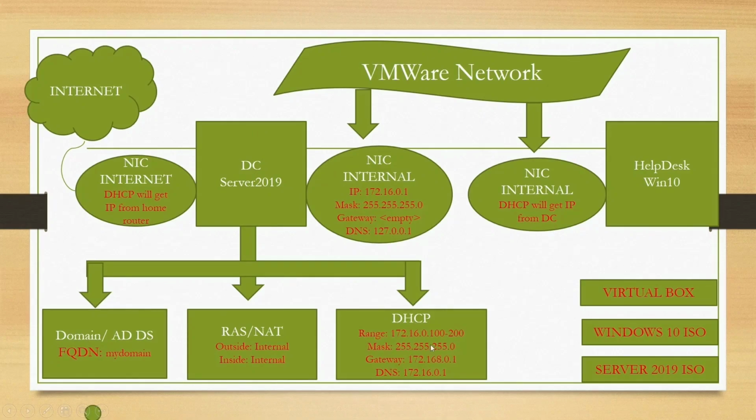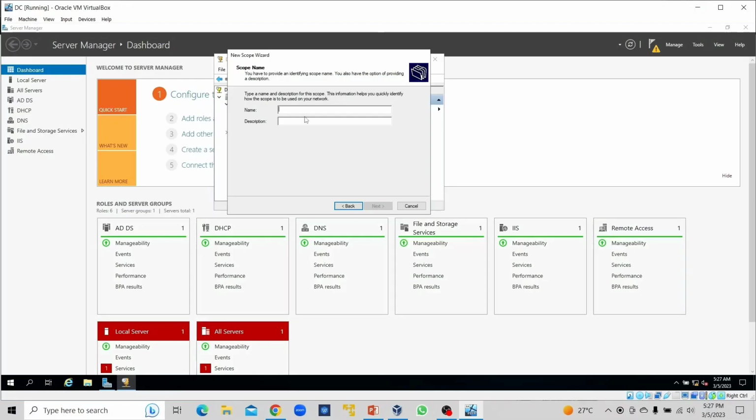My mask is 255.255.255.0, then my gateway is 172.16.0.1, and my DNS is 172.16.0.1. So once we're here, we give it 172.16.0.100 dash 200. So this will be my scope.